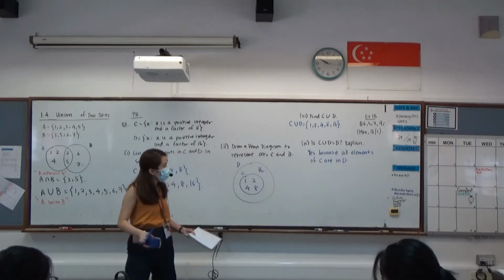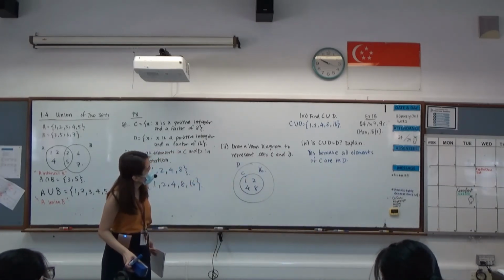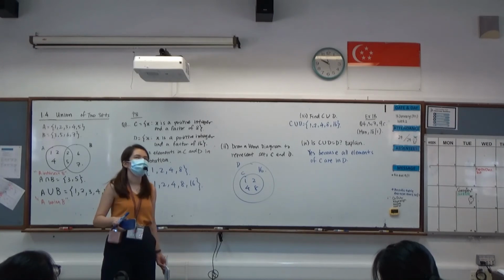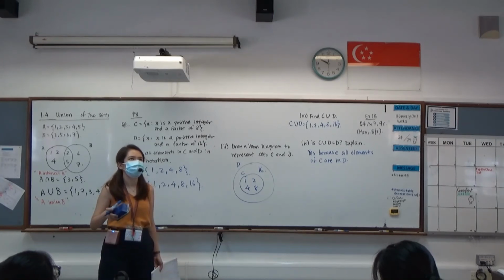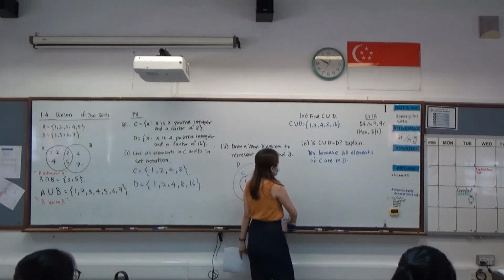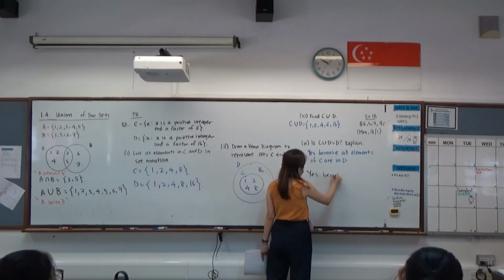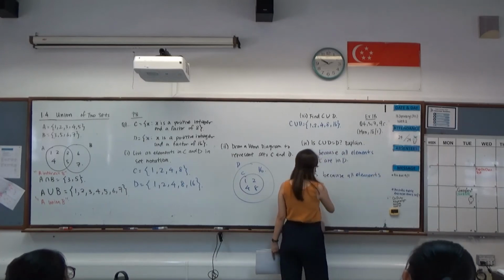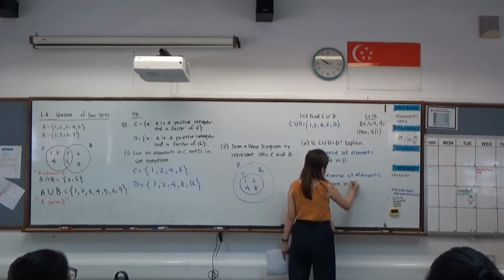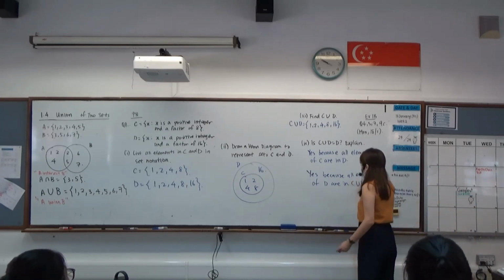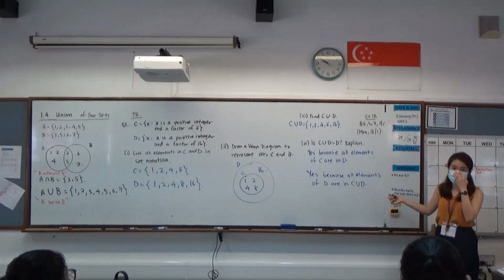All the elements in D are in C union D. I think that's also fine. Adia asked if she explained it as yes, because all elements of D are in C union D, would that be acceptable. It will be an acceptable explanation as well.